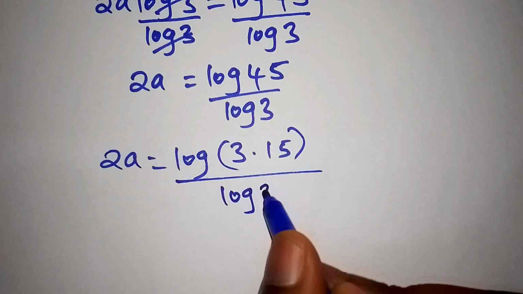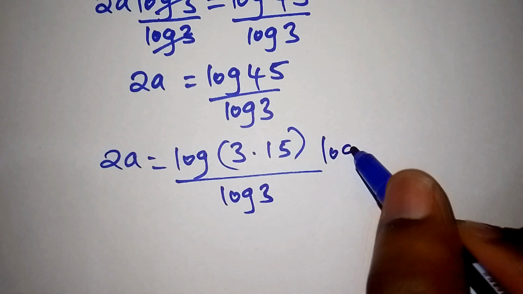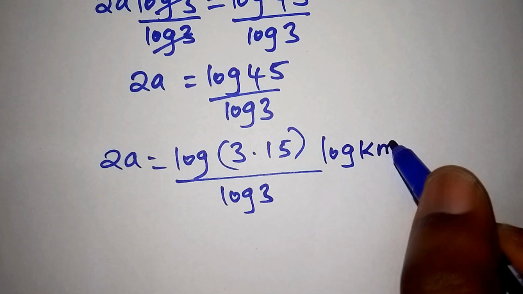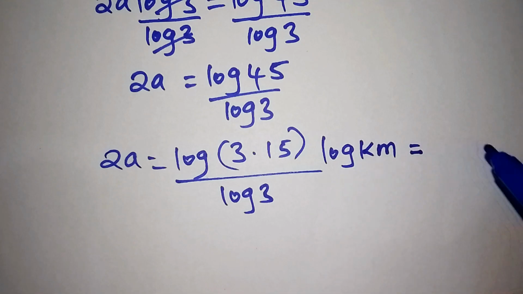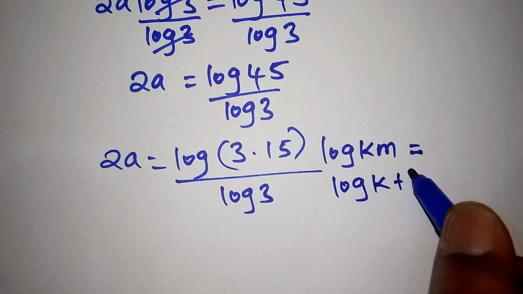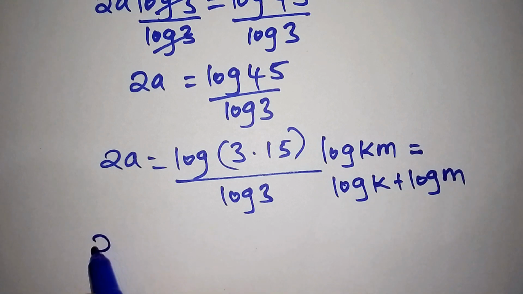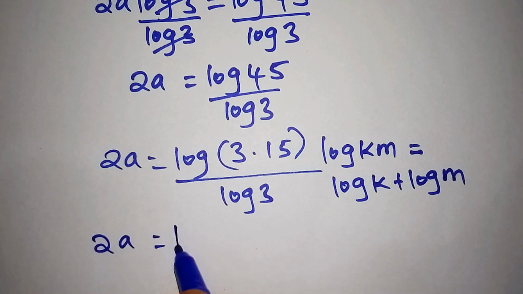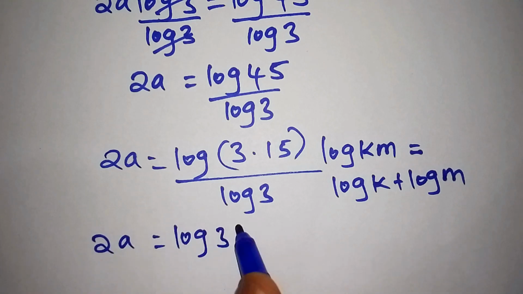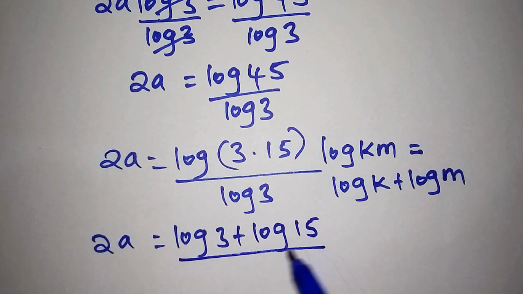So according to the law of logarithm, when you have the log of k multiplied by m, this one can be given as the log of k plus the log of m. So now 2a, we shall have it as the log of 3 plus the log of 15, then all over the log of 3.